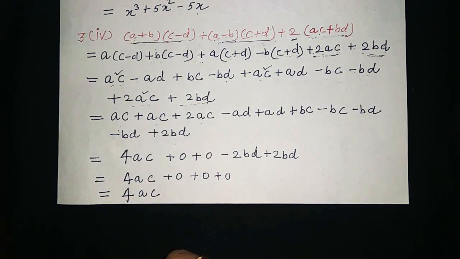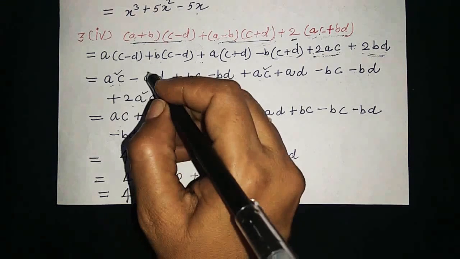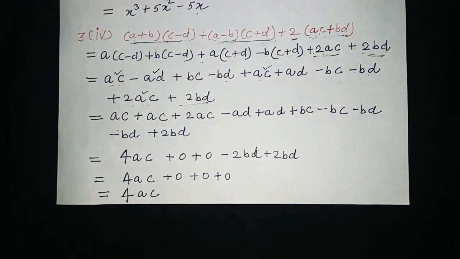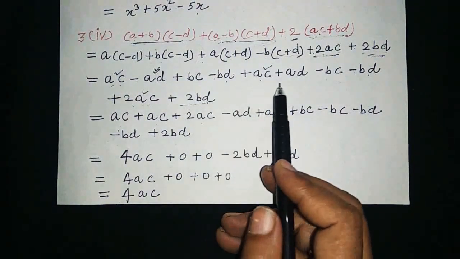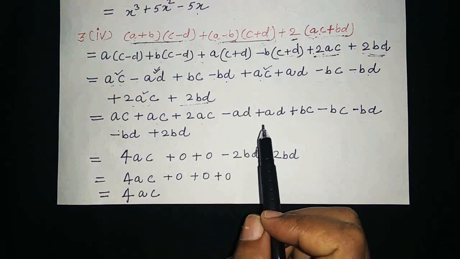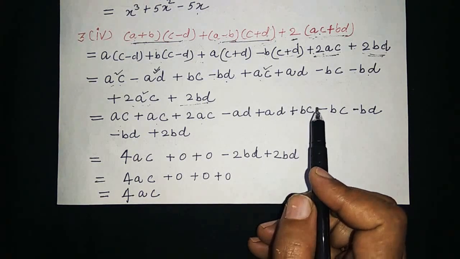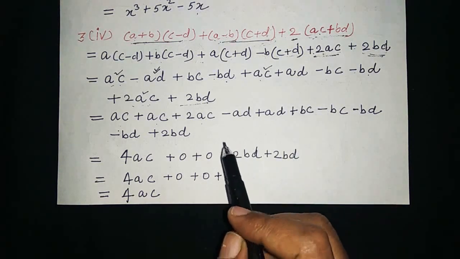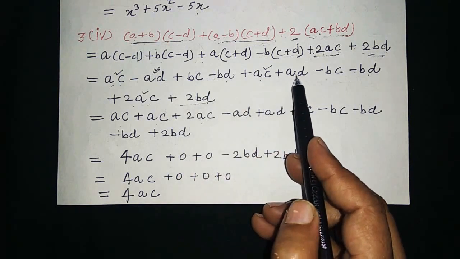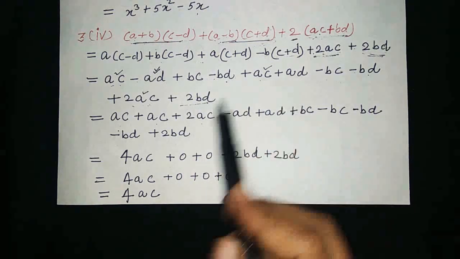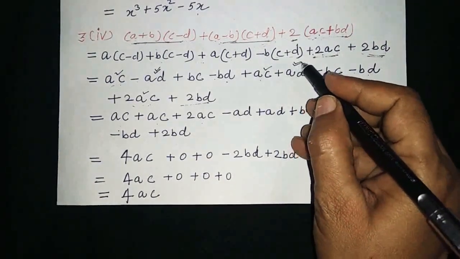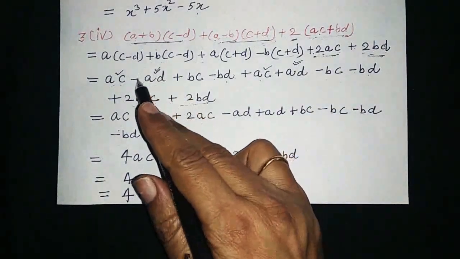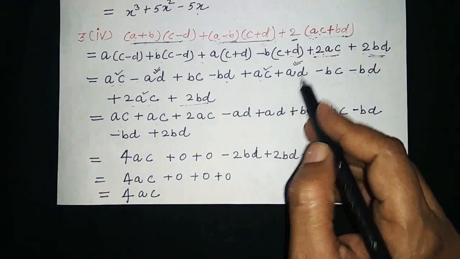Now see the next term. Here minus ad. Now you search whether any other such term is there or not. After searching you can get here ad, but it is positive, plus ad. So after this minus ad you will write this plus ad.